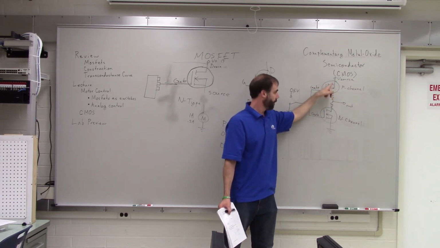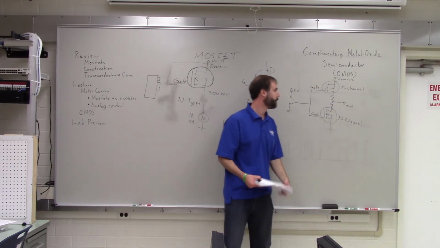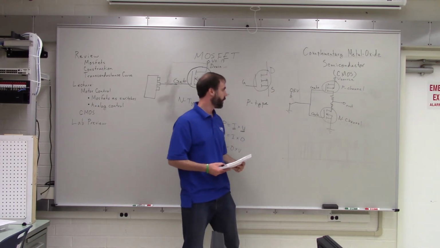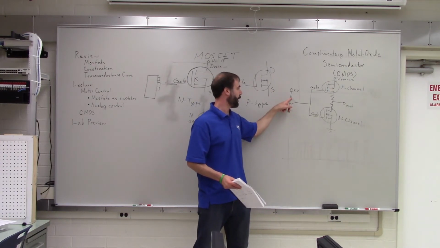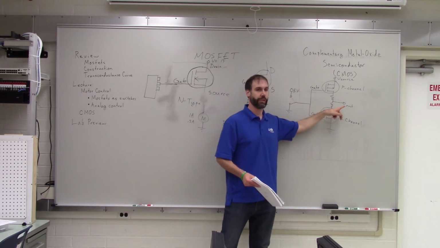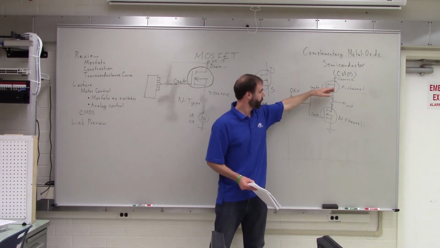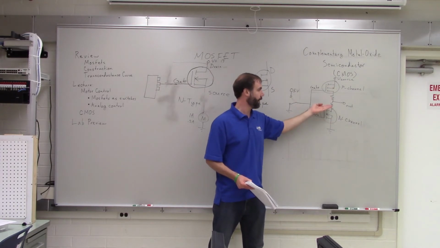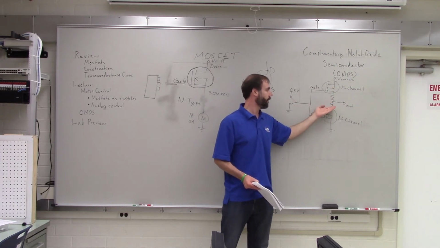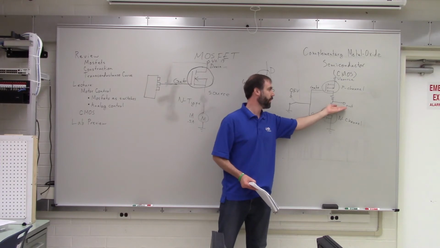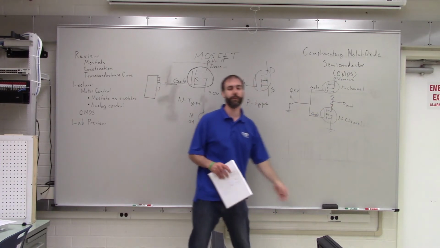So the output voltage goes high. So in one configuration of the switch, the output voltage is low. In the other configuration, the output voltage is high. So these two MOSFETs work together to always set the output voltage. There's no condition where the output voltage is floating. Okay?